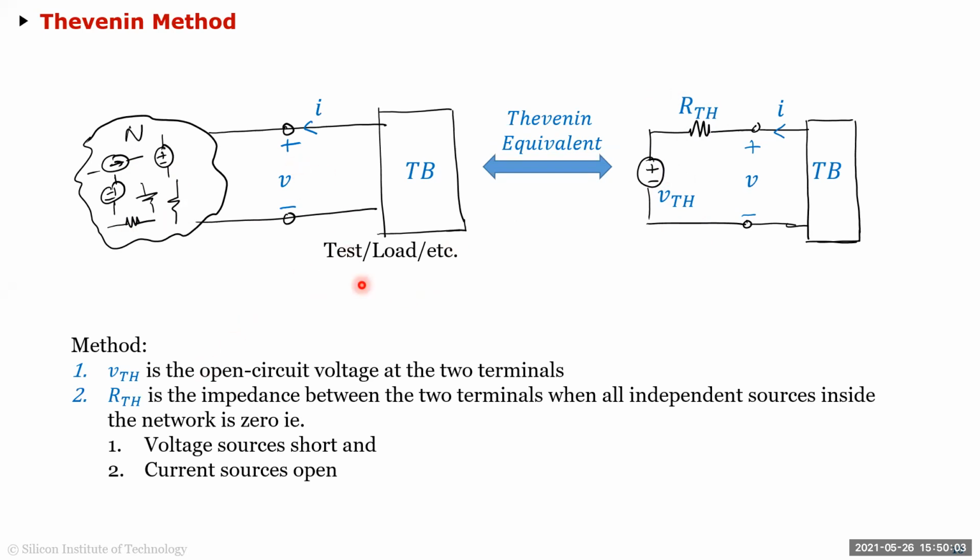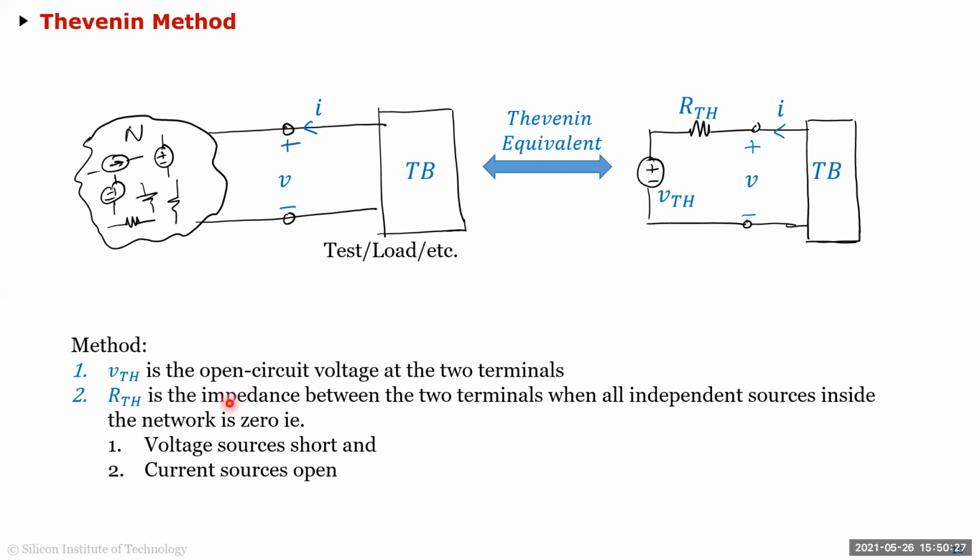So you can definitely use this in RLC circuits if you express them in the S domain. Basically, if you have it in differential form, it's much more cumbersome. So if you convert it into the S domain, then this will become VTH of S and RTH of S. So Thevenin applies to that as well.